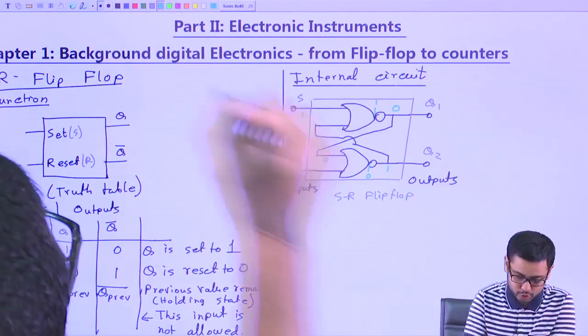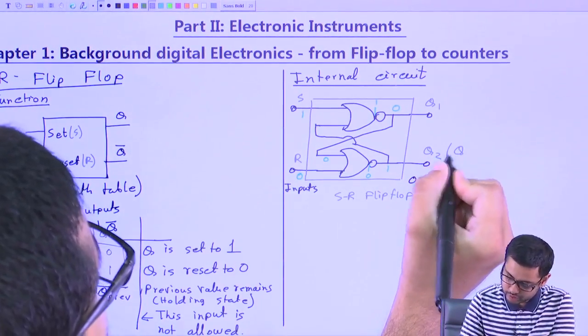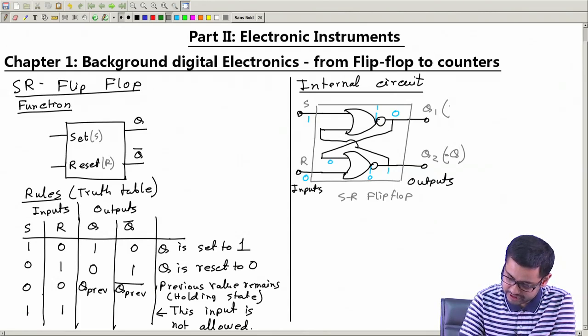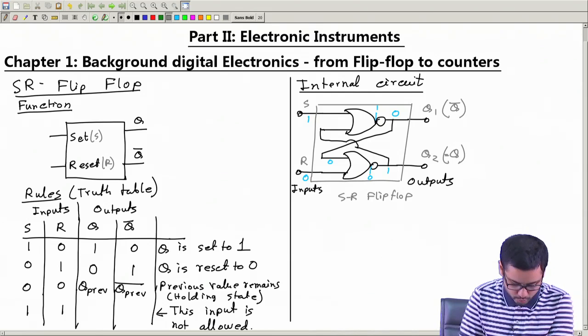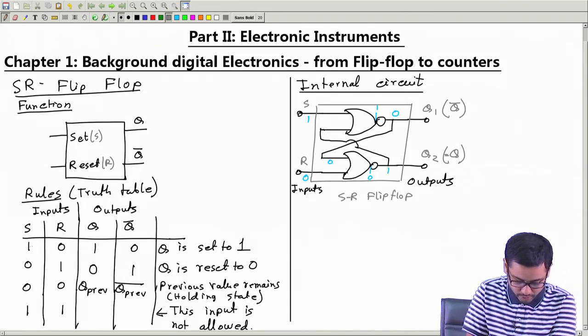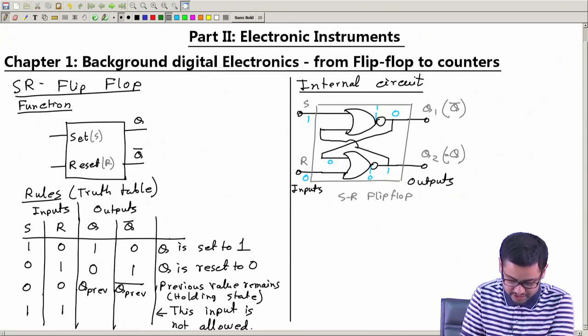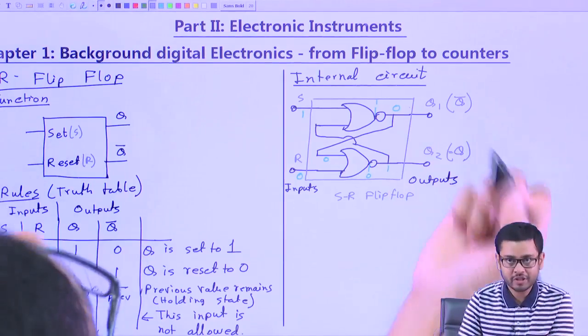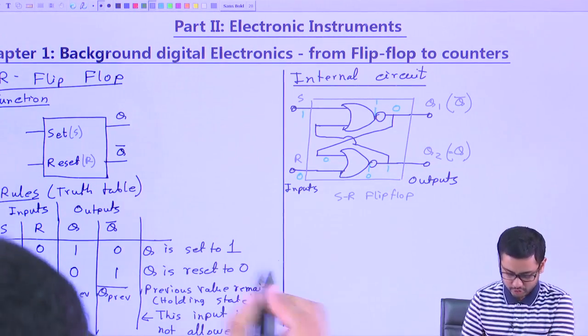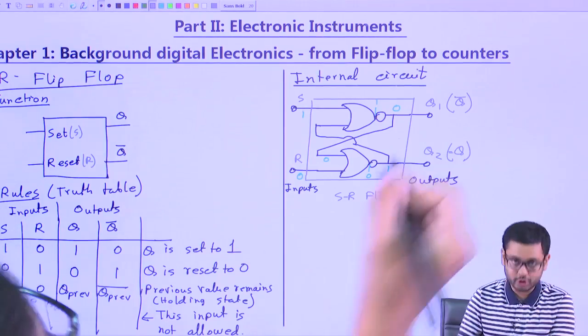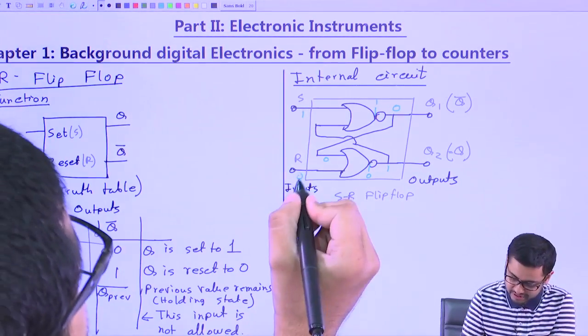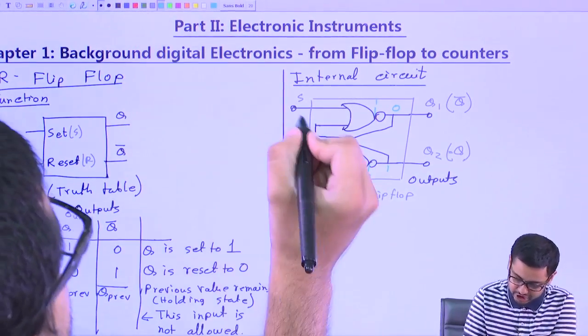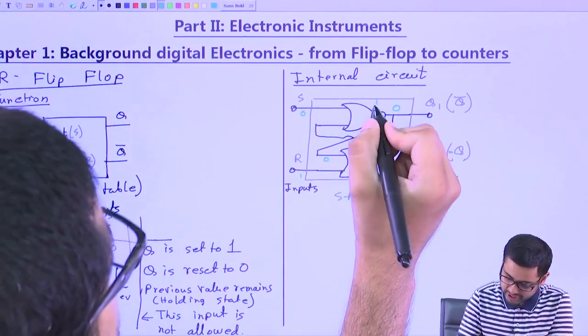Let me call this Q2 as Q, and let me call this Q bar. Then you see this rule, come back to this rule, set 1 reset 0, output is Q 1, Q bar 0. Here it is 1, Q 1, Q bar 0. Okay, we have got that. So, this is true. Now, let us check the other conditions. Let us make it opposite, 0 and 1.